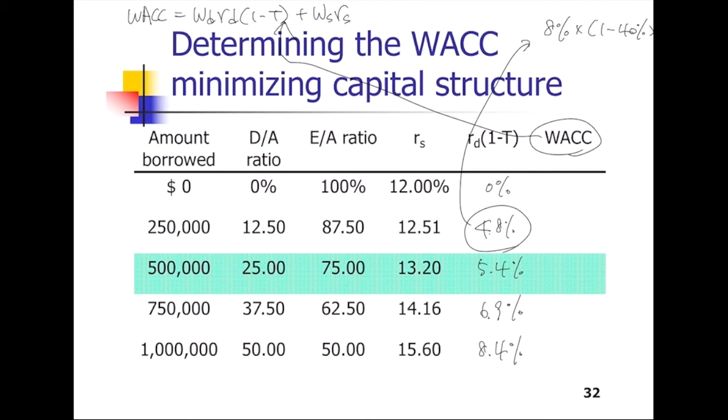And the weight of stock is here. This is WS, and this is WD. You can input all the numbers and finally get this result. Repeat this process, and you get these numbers.